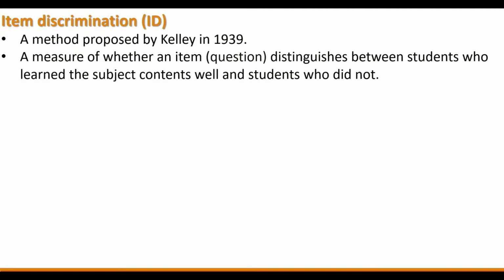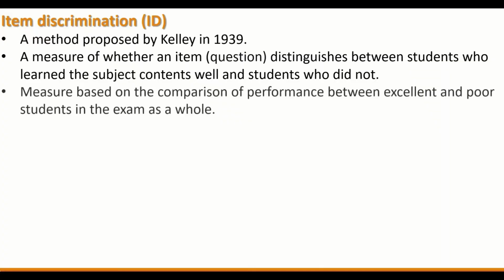It is a measure of whether an item, which is a question in this case, distinguishes between students who learned the subject content well and students who did not. The measure is based on the comparison of performance between excellent and poor students in the exam as a whole.